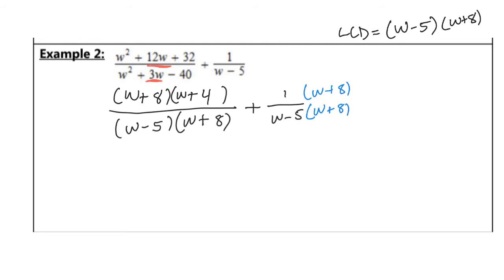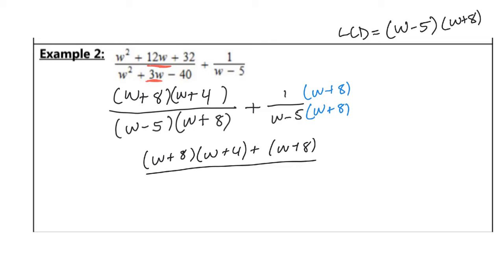So I'm going to get w plus 8 times w plus 4. And then we have 1 times w plus 8, so plus w plus 8. And then we put that over w minus 5 times w plus 8.